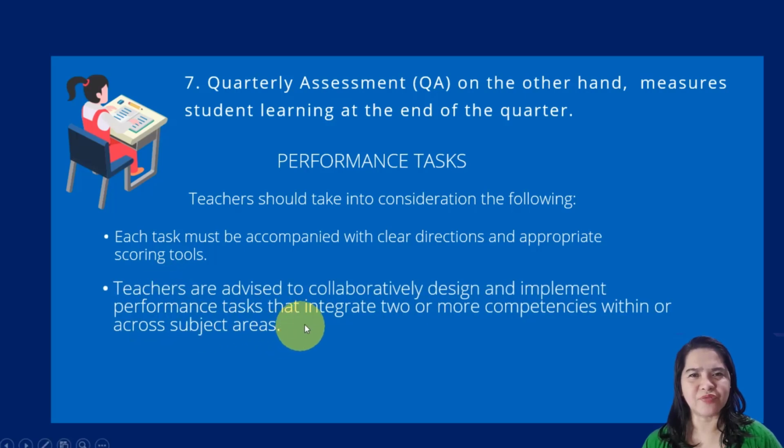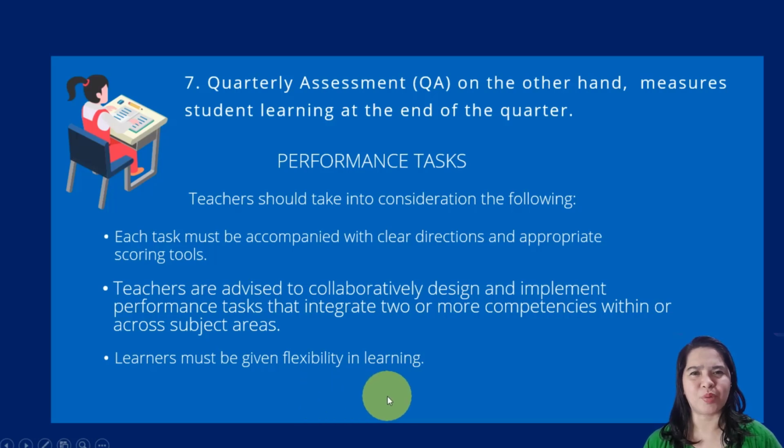Second, teachers are advised to collaboratively design the implemented performance tasks that integrate two or more competencies within or across subject areas. Third, learners must be given flexibility in the accomplishment of the performance task to consider time and resources available to them. Nonetheless, all learners should be assessed on the same competencies using the same scoring tool.